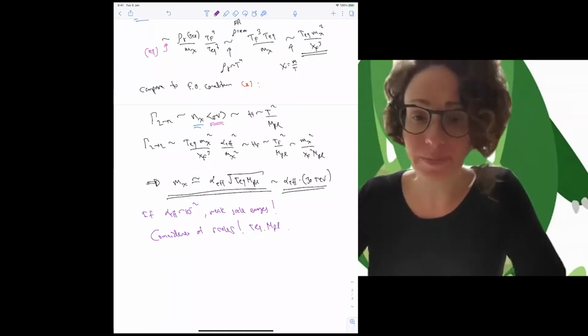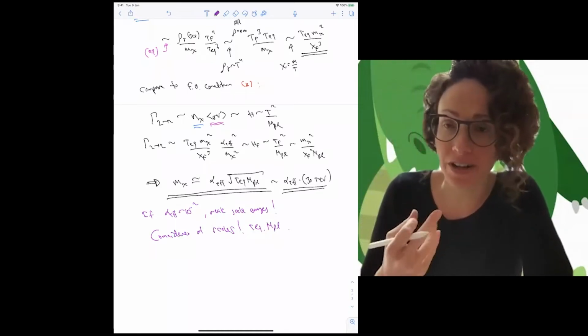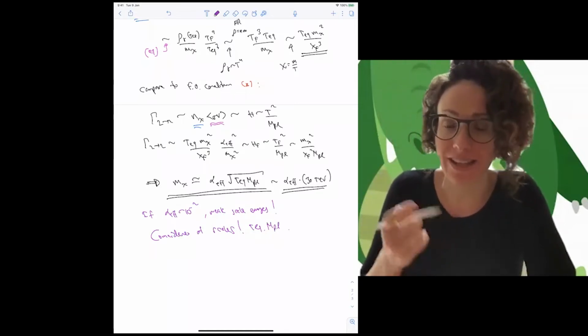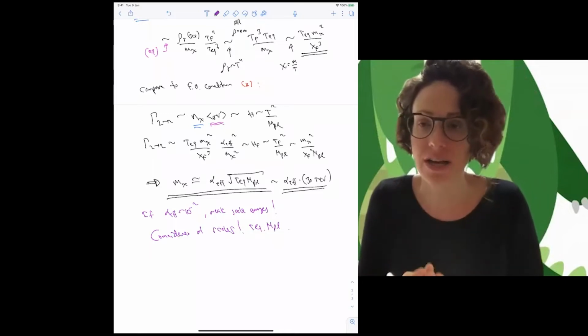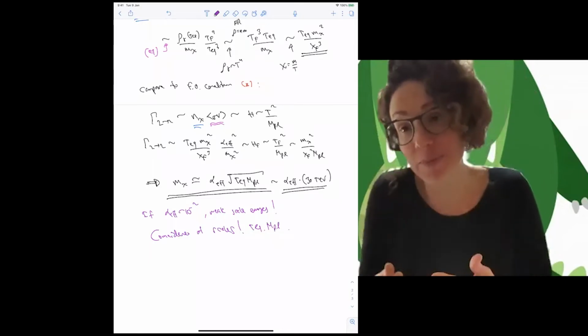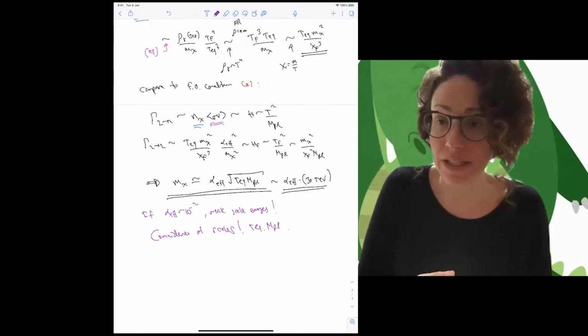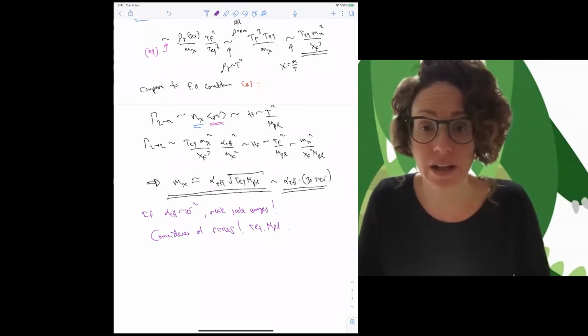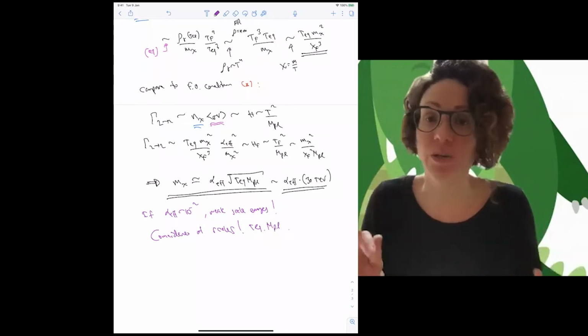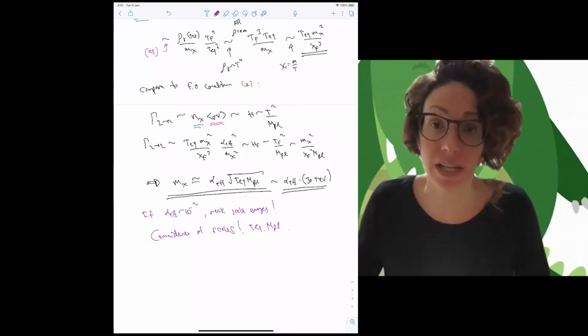And so you see over here the WIMP miracle, and this is why this type of process is called the WIMP, because if we plug in a weak coupling, then we get the electroweak scale. But there's absolutely no miracle here. This is a complete coincidence of scales.